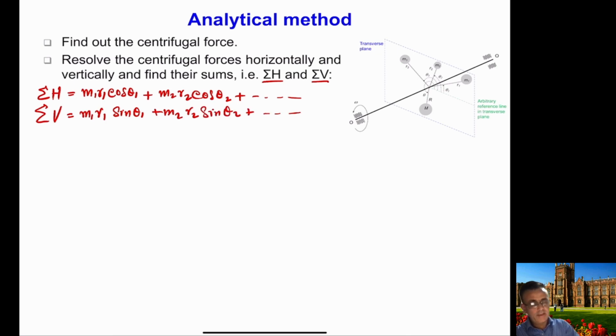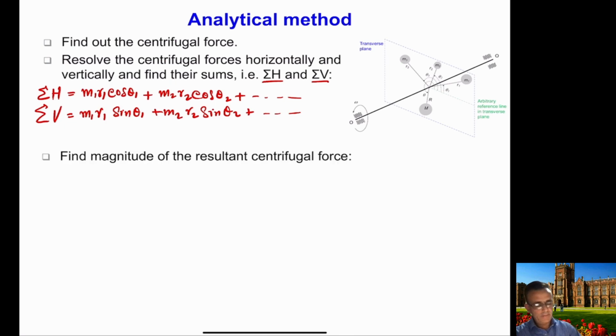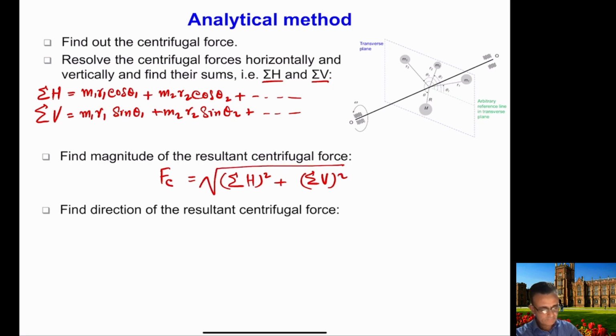and so on. And then you will calculate the magnitude of the resultant centrifugal force, which you can do by using the Pythagoras theorem: the summation of all the horizontal forces squared plus the summation of the vertical forces squared. And then, because it's a vector, you also need to calculate the angle.